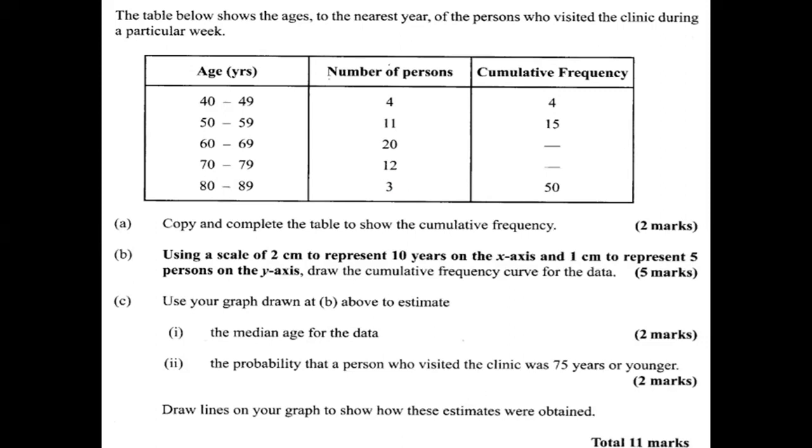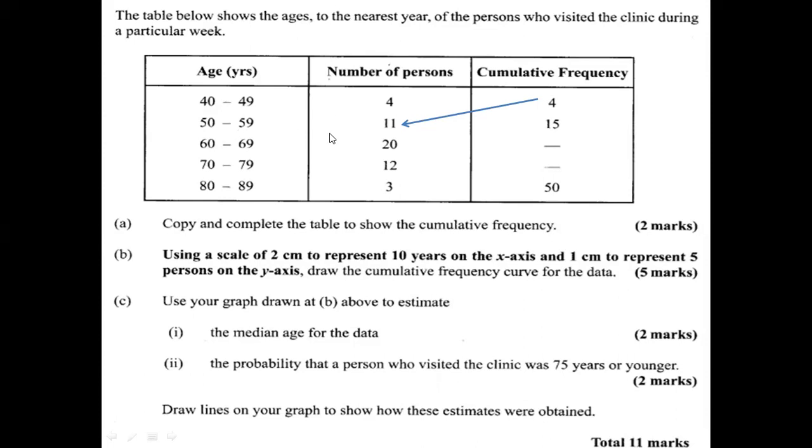the lowest in terms of age of the person who visited the clinic is 40 to 49 years, right? There are only 4 persons, but cumulative, well, let's go to the second category here. 50 to 59 years. The persons who visited the clinic were 11. So for the first class, only 4 persons.